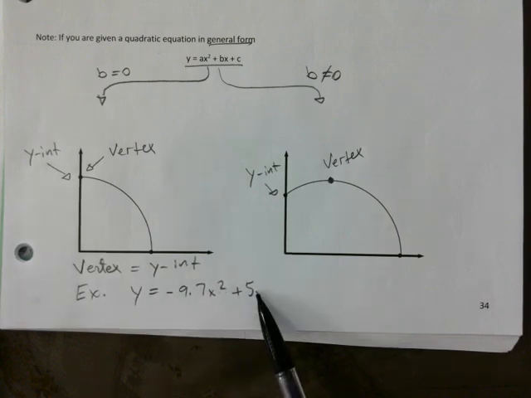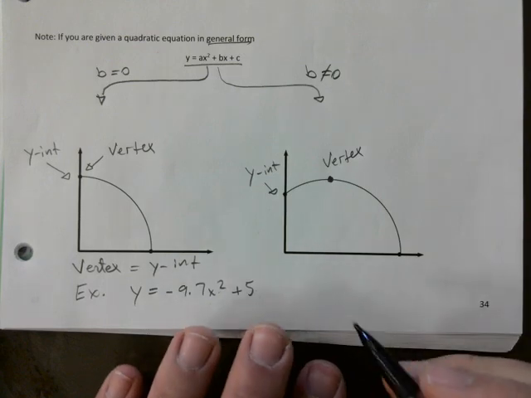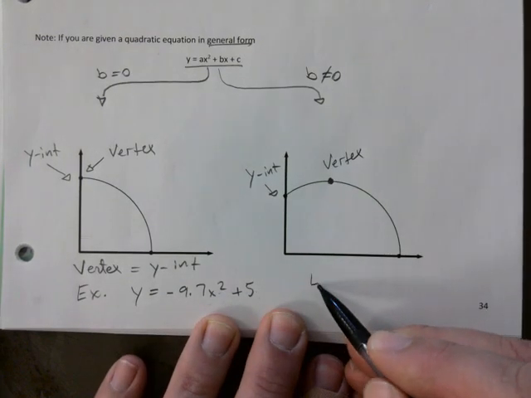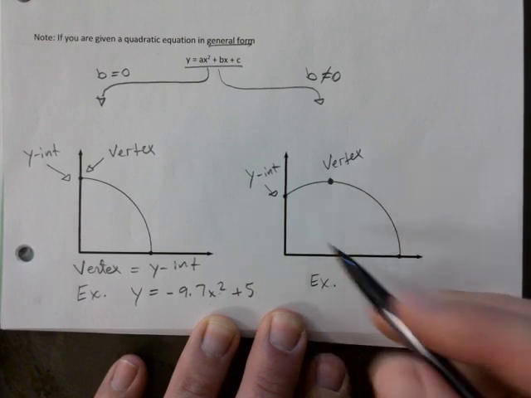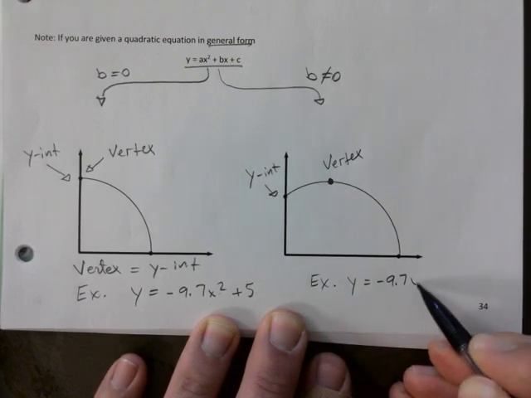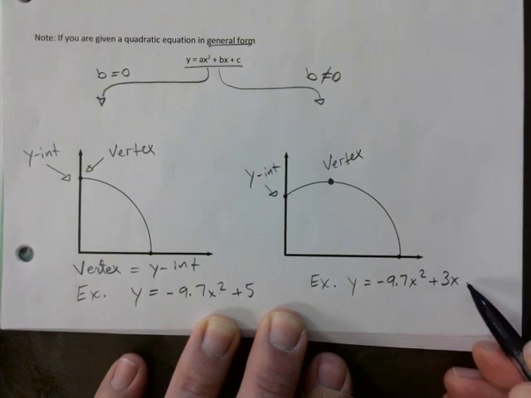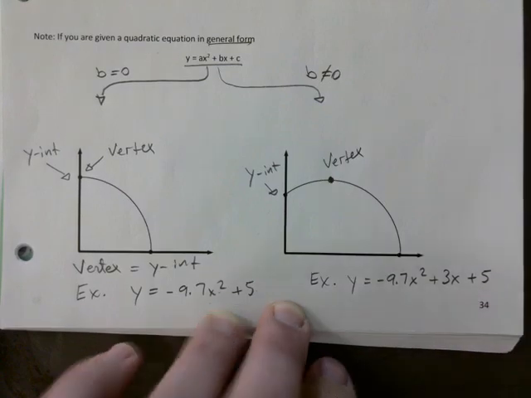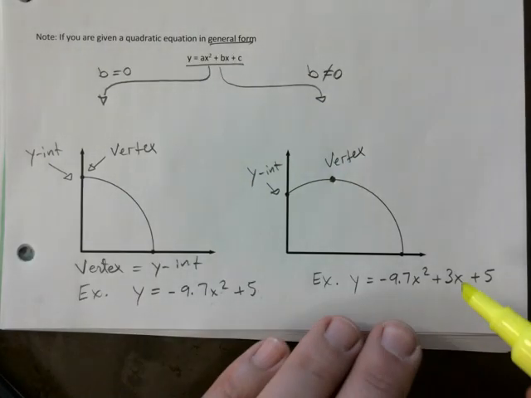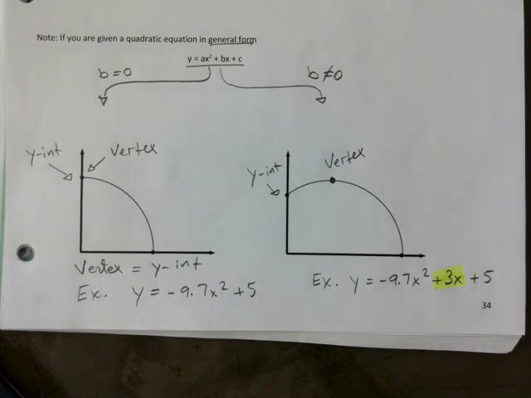It's just x squared and constant. Okay. Here, an example for something that would look like this would be y is equal to negative 9.7x squared plus 3x plus 5. Okay, I'm going to highlight the plus 3x because b is not equal to 0 there.